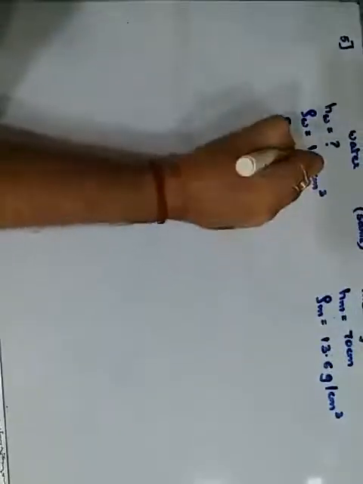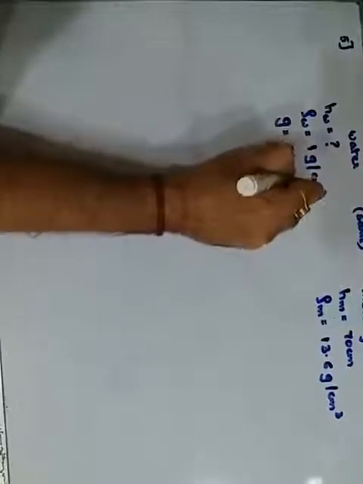You can use it as 980 centimeters per second square, but no need of writing this because it will get cancelled ultimately.